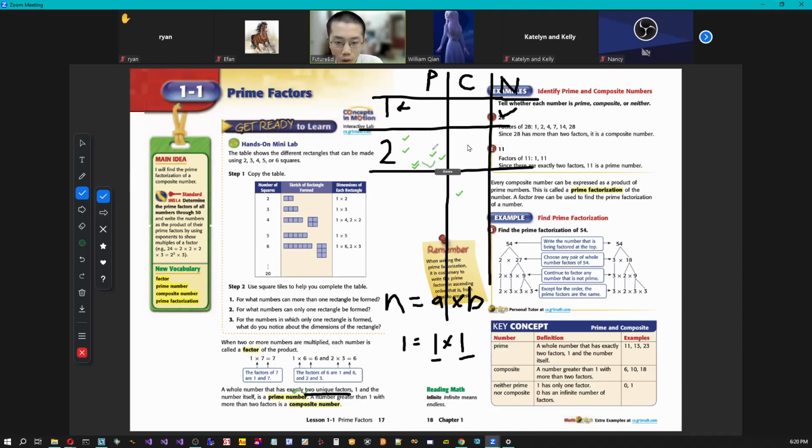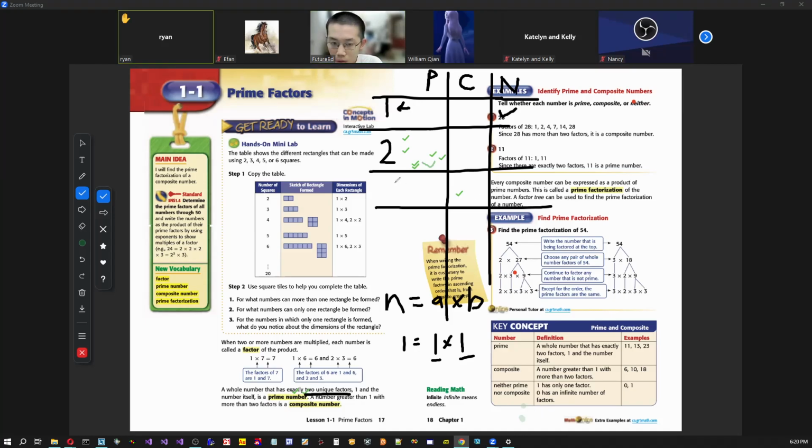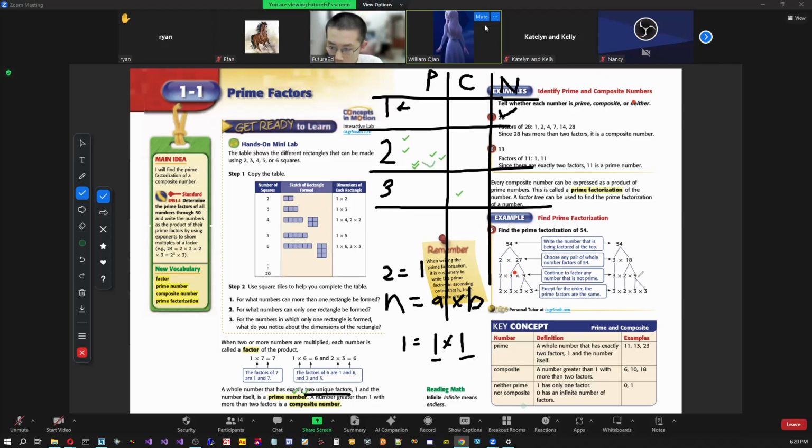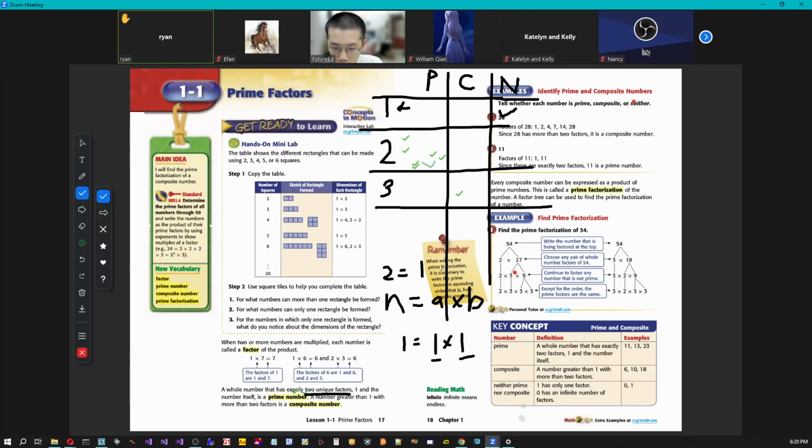Can someone explain why 2 is a prime? Yes, Ryan? 2 is a prime because it has two factors, which is 2 and 1.